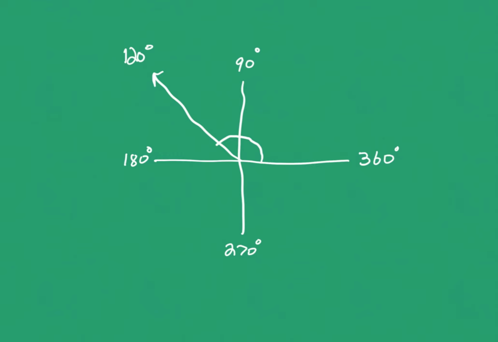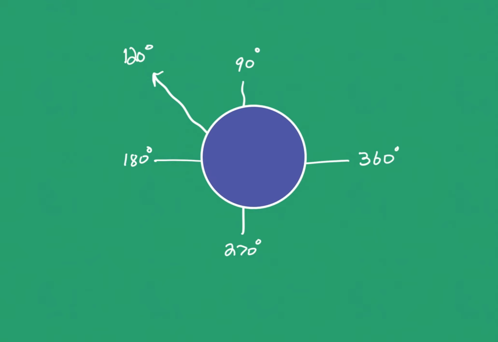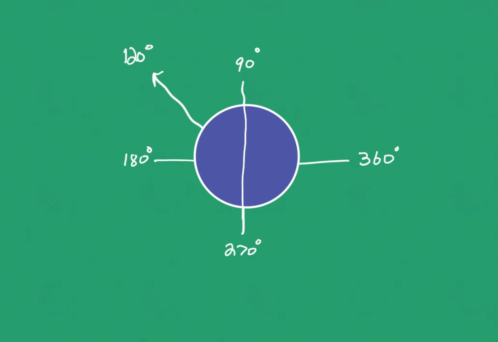So if we have a circle around our coordinate plane, and I'm going to go ahead and draw all of this stuff back in here, we can say that that's 120 degrees, but we can also convert this to what we call radian measures. Radian measures are essentially dealing with the circumference of the circle.